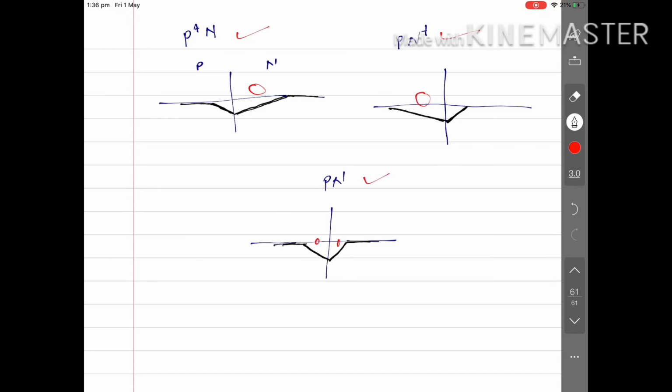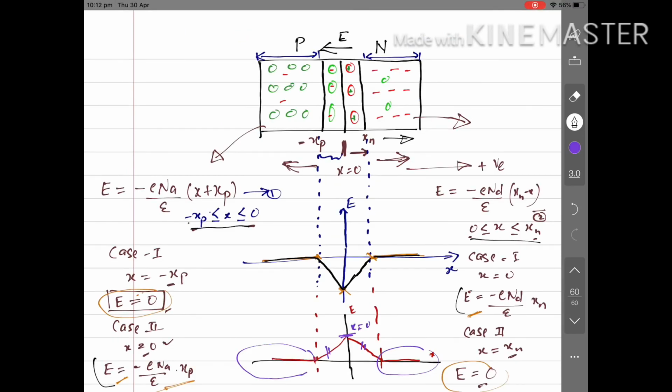But irrespective of the doping, the maximum electric field always lies at x equal to 0. Irrespective of doping less or higher, the maximum electric field is at x equal to 0. So the answer of this question would be at the junction, right?